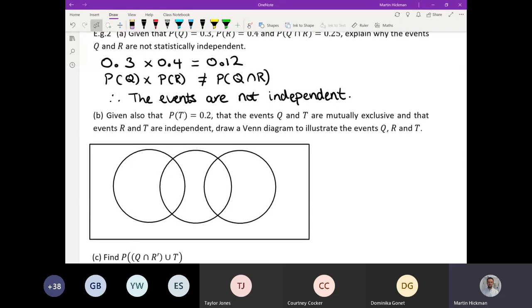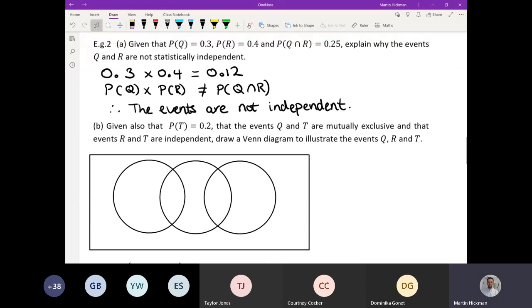Okay, so then moving on to part B. I'm told the probability of T is 0.2 and the events Q and T are mutually exclusive. What this means is they cannot happen at the same time, so the circles don't overlap.